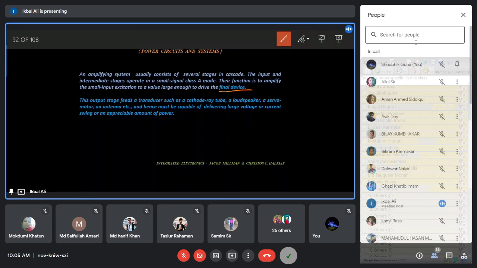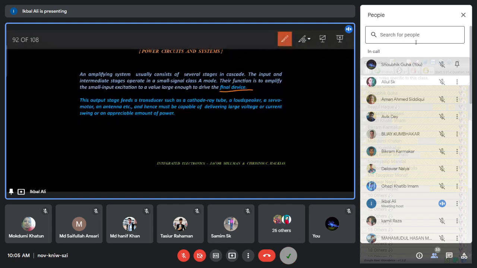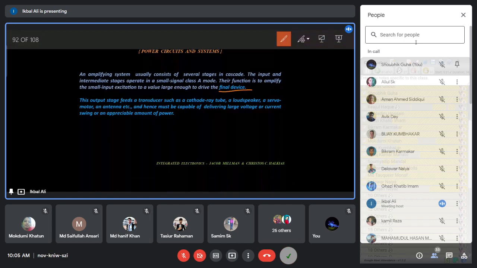A loudspeaker: you can understand the loudspeaker converts the electrical signal to a sound signal, and you can listen to the signal and get your voice signal. It may be a song. A servo motor can drive a motor. If the motor functions according to the signal, then you can understand that the signal is coming.